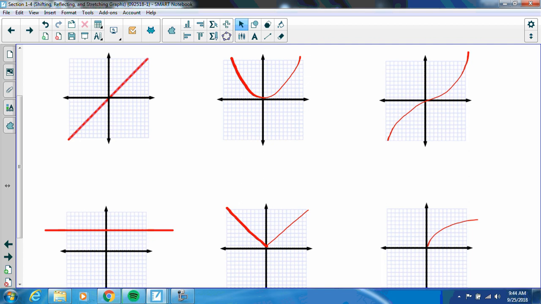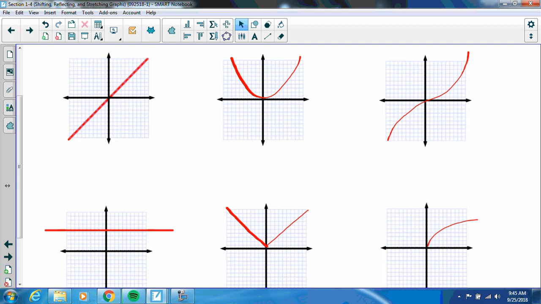There you go. Okay, how about that one? What kind of function do you think this is? It is an even function, yes.